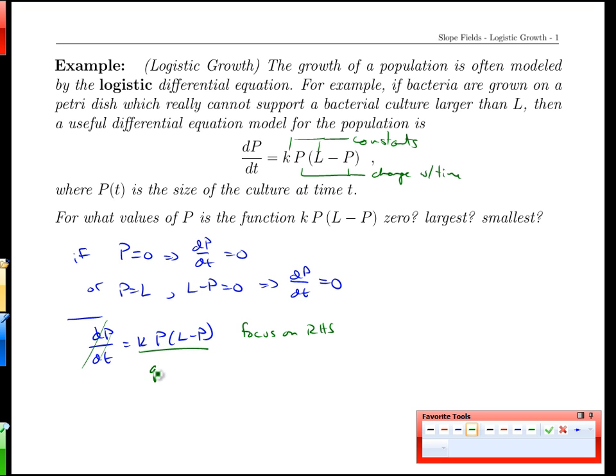Well, it's a quadratic with roots at 0, and we just saw it also has a root when P equals L. So if we were just to graph this, and let's call it Z, we would have a quadratic that opens down, because it's LP minus P squared.